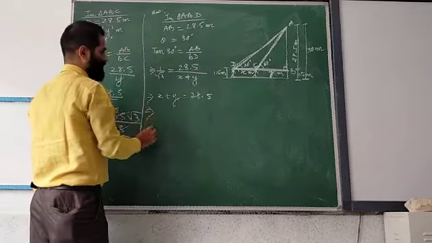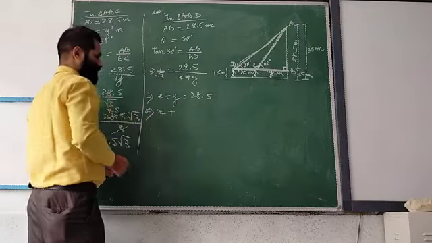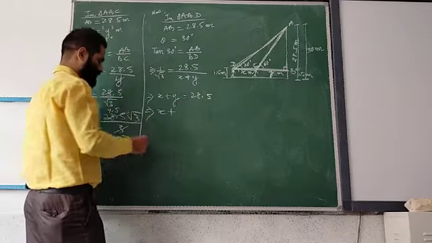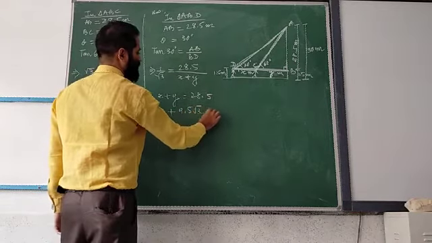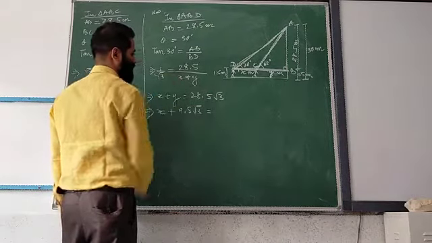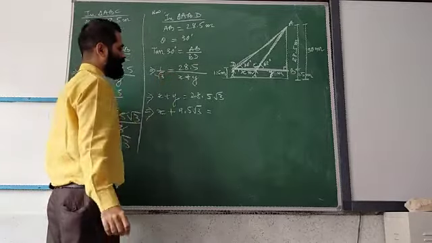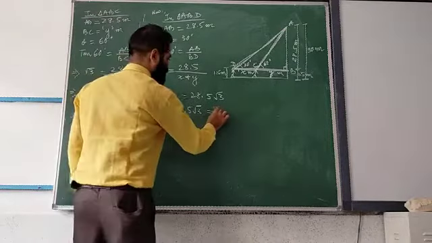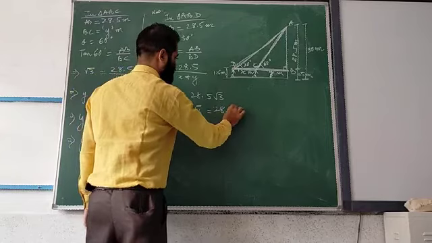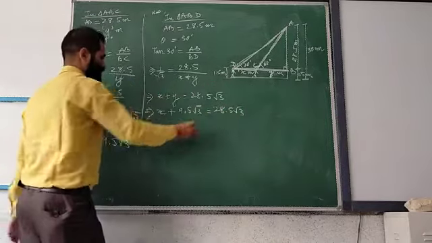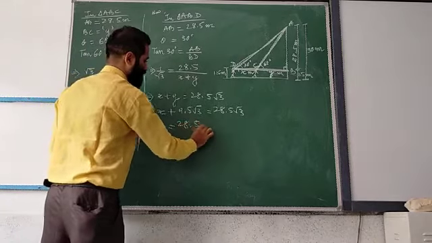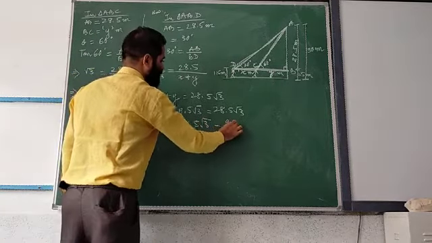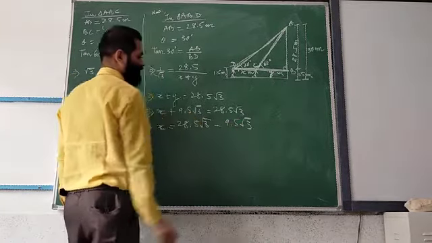Now what is x? Don't know. What is y? 9.5. Very easy, it becomes easy. Cross multiplication: 28.5 root 3. Now transfer this, because you need to find x. So x equals 28.5 root 3 minus 9.5 root 3. Just see, it becomes easy or not?